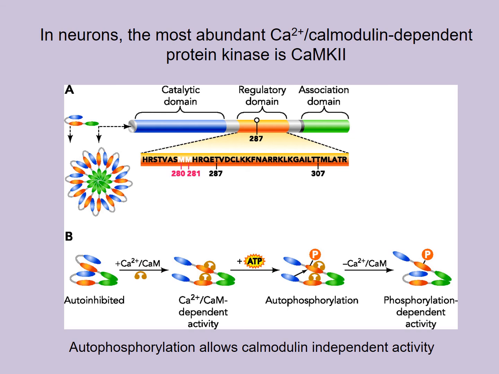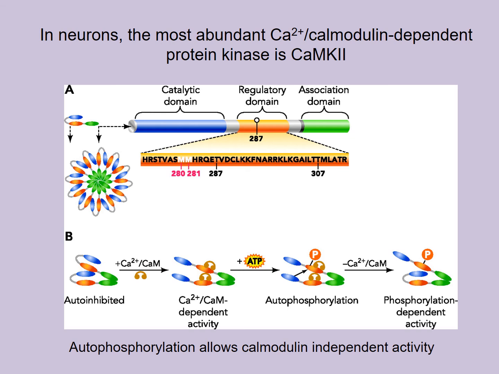In this case, we have both the catalytic domain and the regulatory domain in the same subunit, and it also has an association domain. This association domain allows CAM kinase 2 to form this 12-mer, so there are 12 subunits forming.